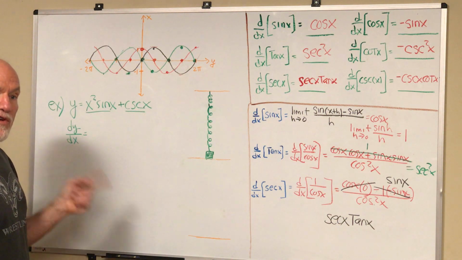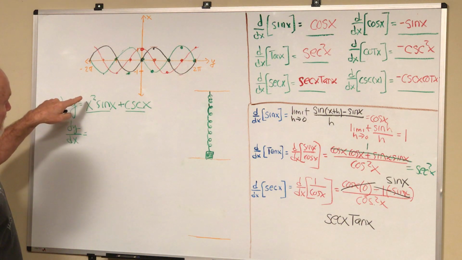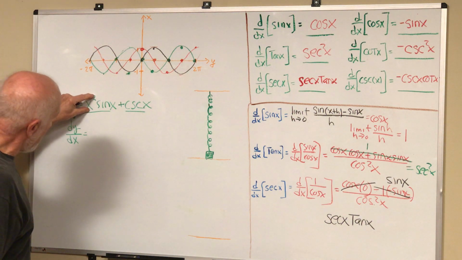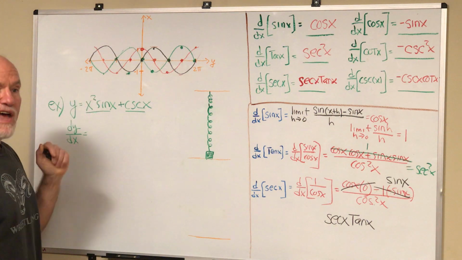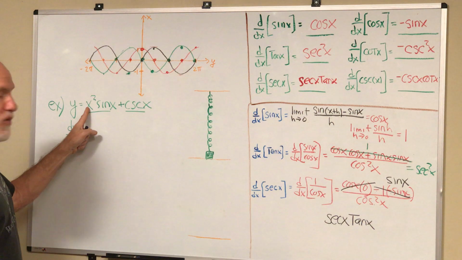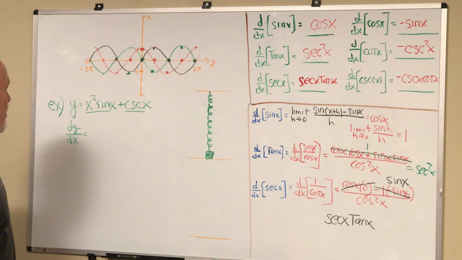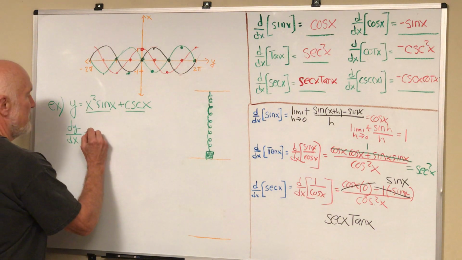But what you often forget is that this function is made up of the smaller function x squared times the sine of x. So we have to use the product rule. We can't just say the derivative of the first times the derivative of the second. So let's do the product rule.